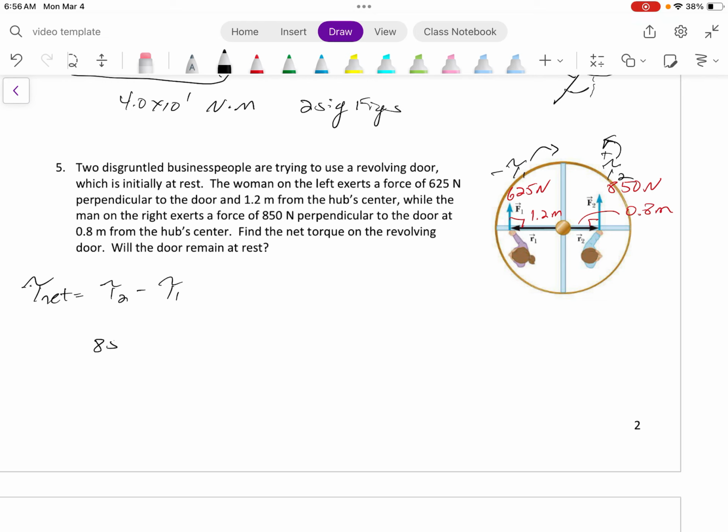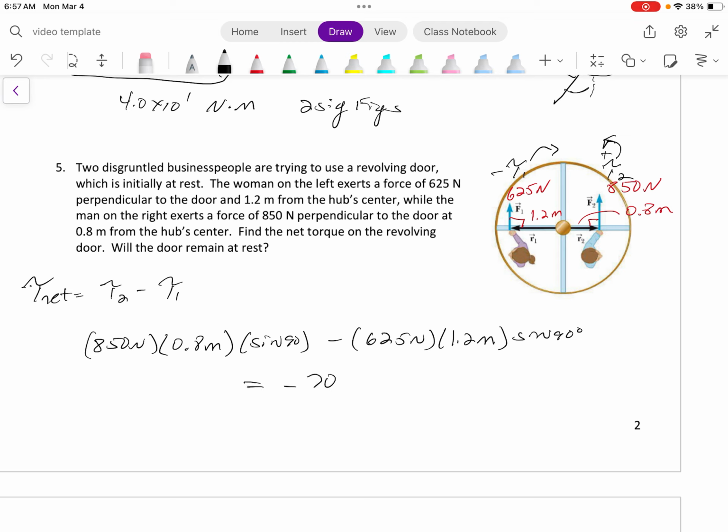Torque 2 is 850 newtons times the distance away from the axis of rotation, which is 0.8 meters, times the sine of 90 degrees, which is 1, minus torque 1, which is 625 newtons, times the distance away from the axis of rotation, which is 1.2 meters, times sine of 90 degrees, which is a value of 1.